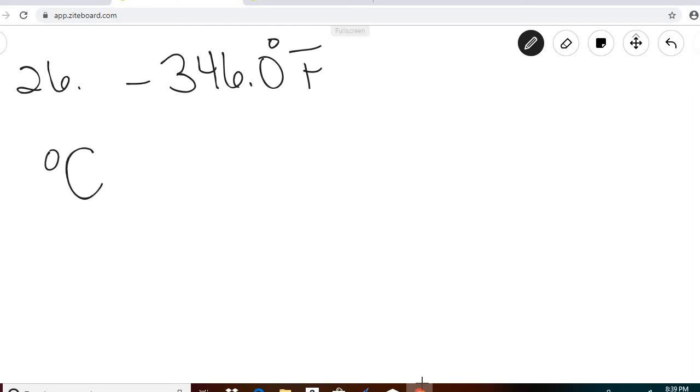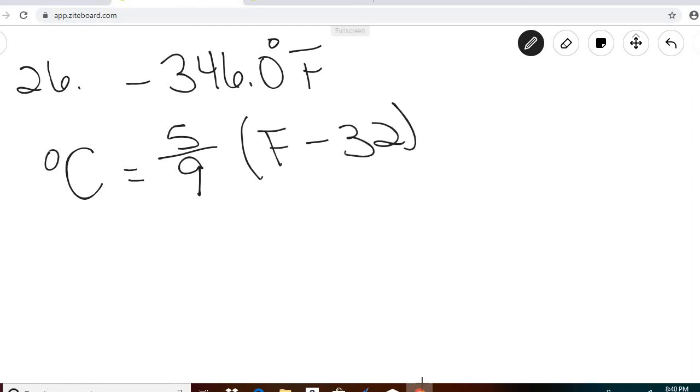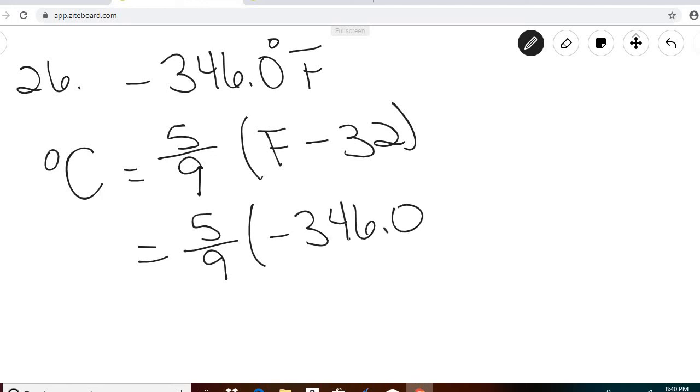So degrees C is equal to 5/9 times the Fahrenheit temperature minus 32. Okay, so 5/9 times negative 346.0 minus 32.